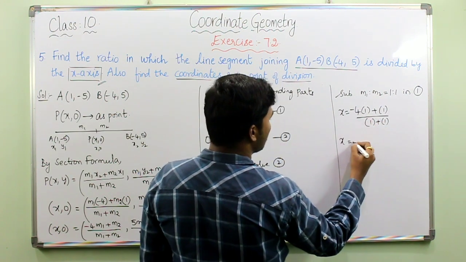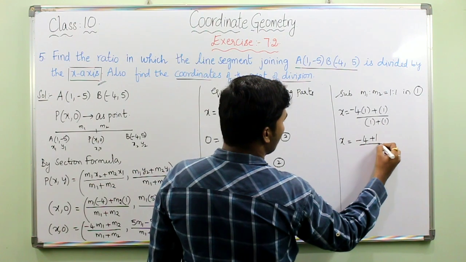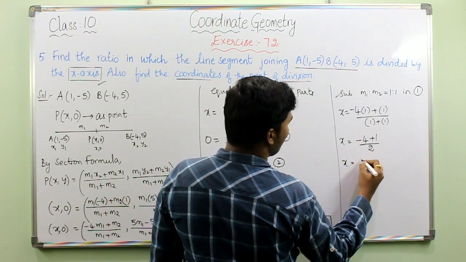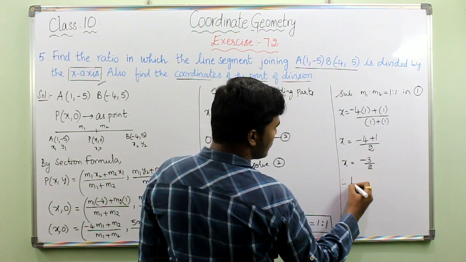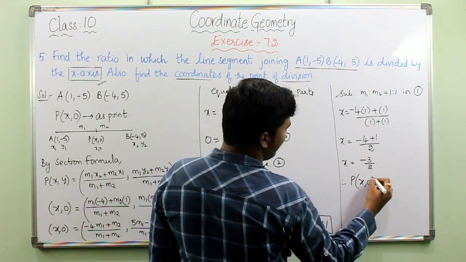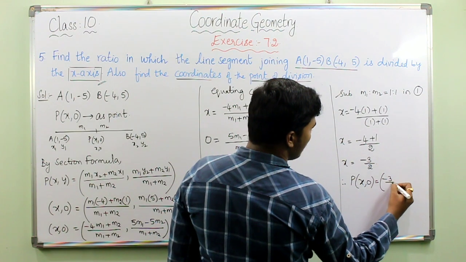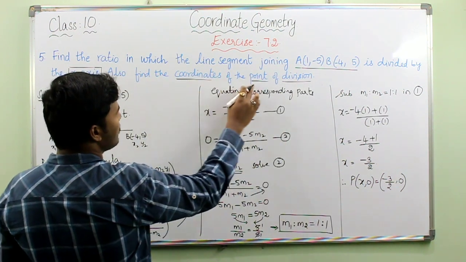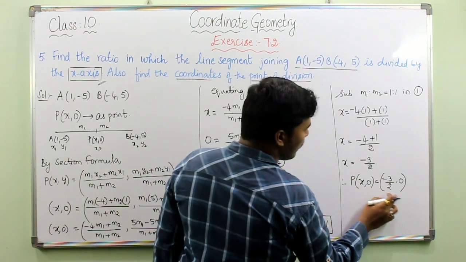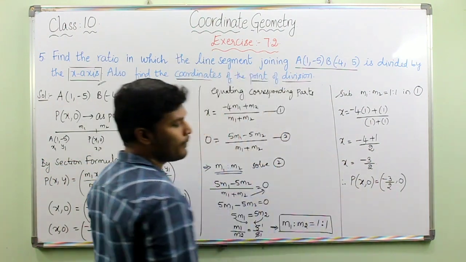This will become x is equal to (-4 + 1)/2, that is -3/2. Therefore the point P, that is (x, 0), is (-3/2, 0). So we were asked to find the coordinates of the point of division. Therefore the coordinates of the point of division are (-3/2, 0).